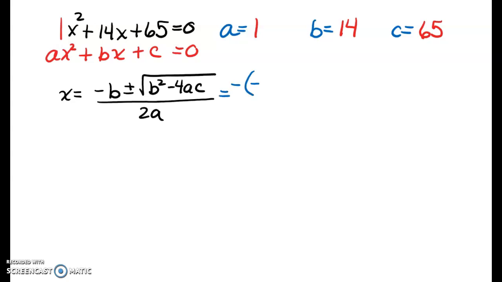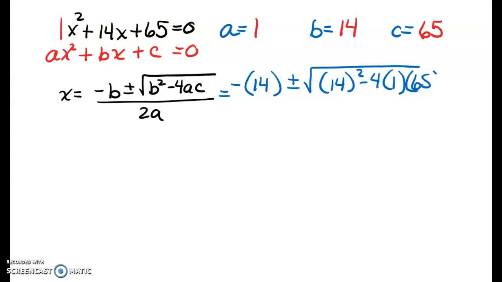So we have negative 14, negative times 14, plus or minus the square root of 14 squared minus 4 times 1 times 65, all over 2 times 1.